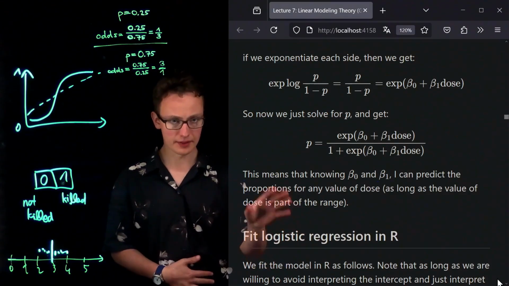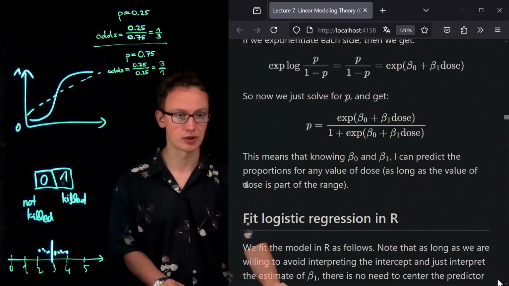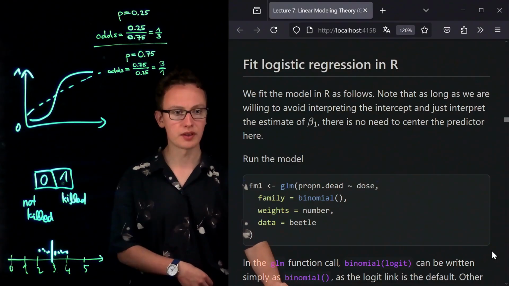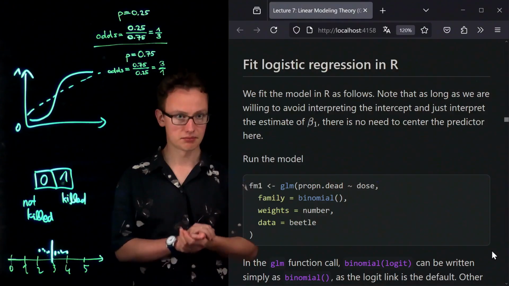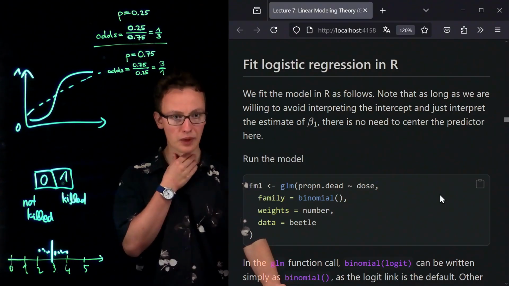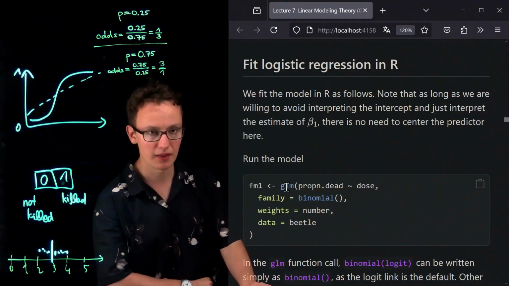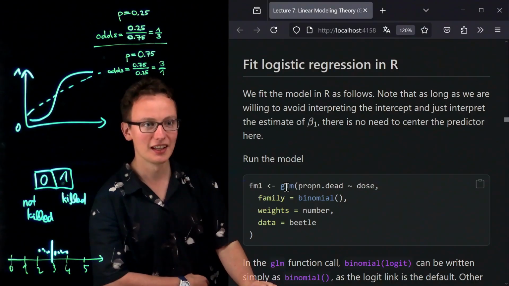Now let's see concretely how we can fit a logistic regression model in R. So staying with our example of the beetles dataset, let's fit a model in R. And the way to do this will be to use the glm function, that stands for Generalized Linear Model, as opposed to just lm, okay?